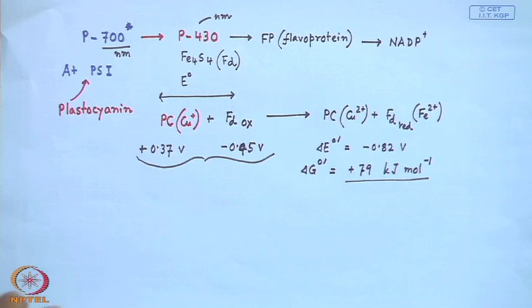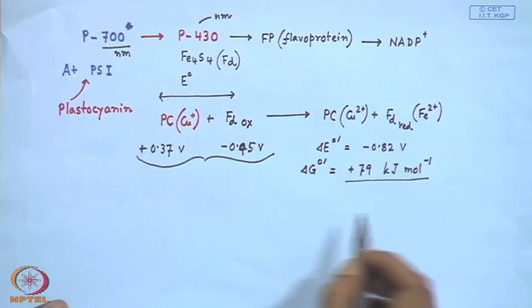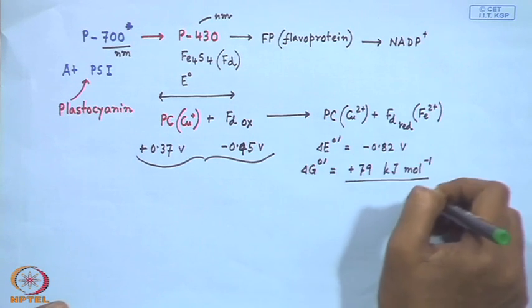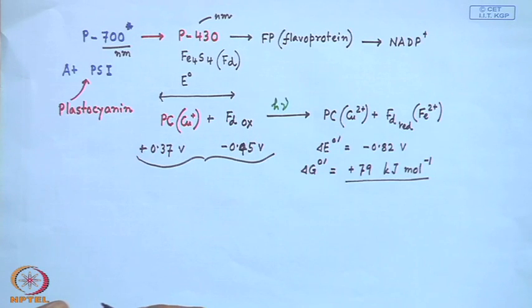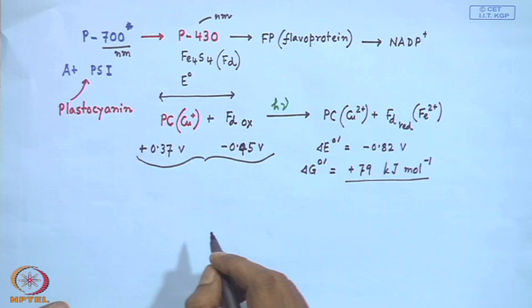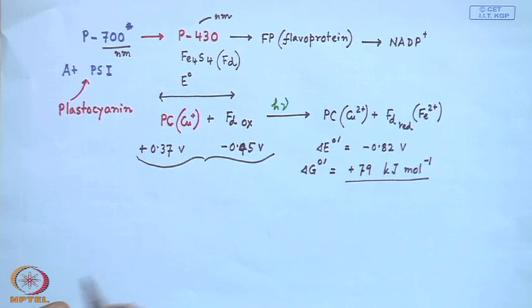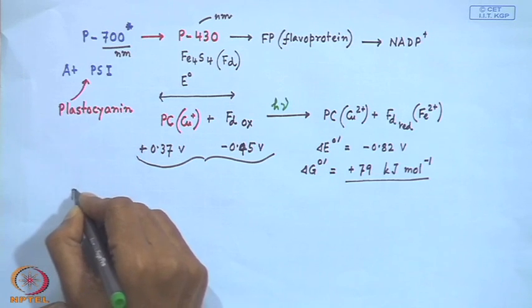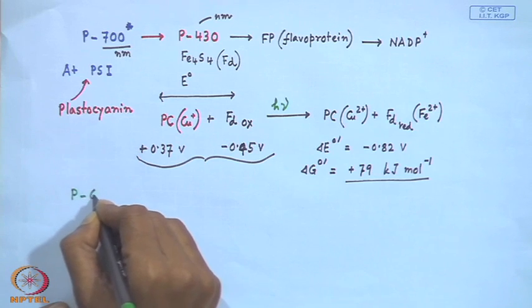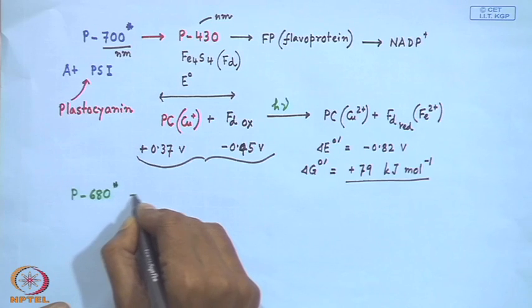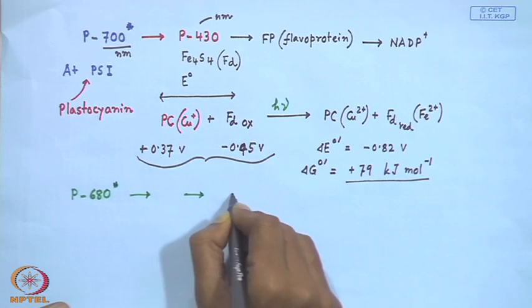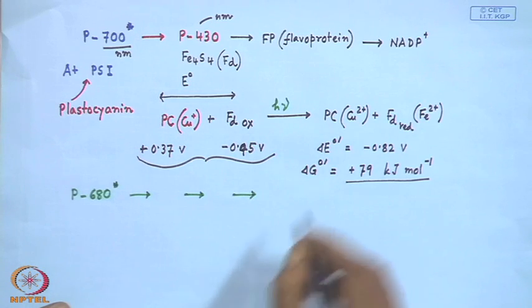Some processes are favored and some are not favored depending upon these values, but if we put in radiation, the illuminated version can change this electron transfer pathway in a different way, and that we can also see in case of P680 as well, where you have certain other species connected to that.